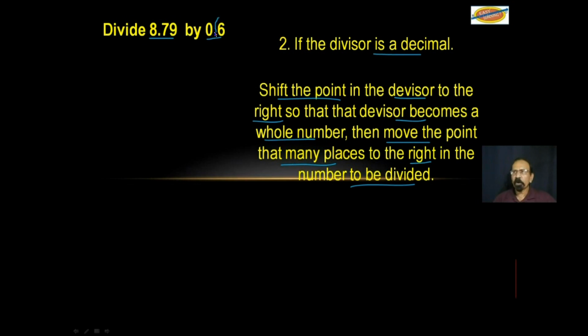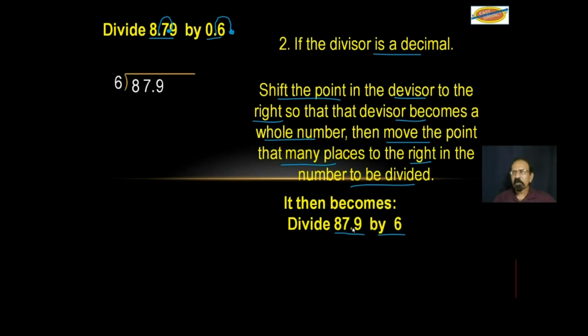0.6, we would shift that point one place, and therefore we will shift this point one place. So the division we now have is 87.9 divided by 6. And whatever answer you get, that is the answer. You don't have to shift any point anywhere else again.